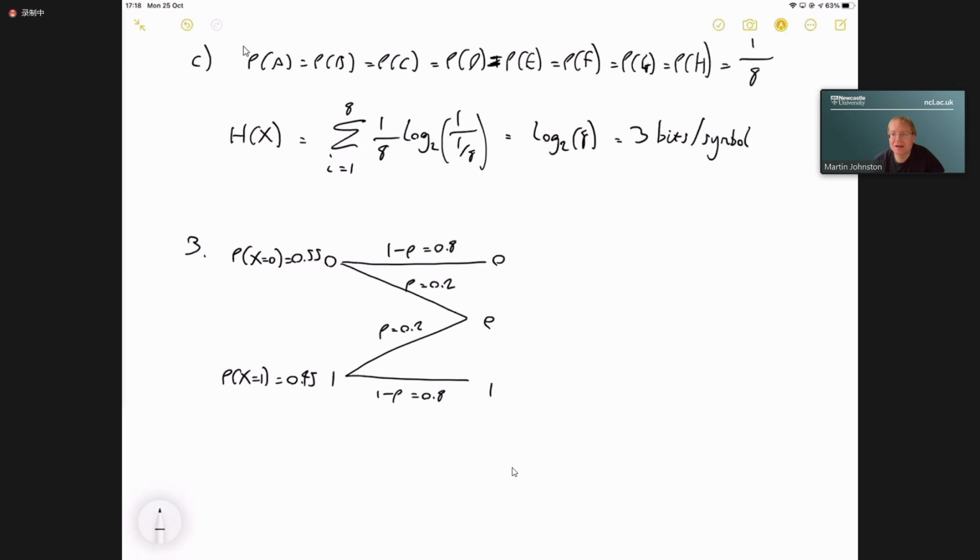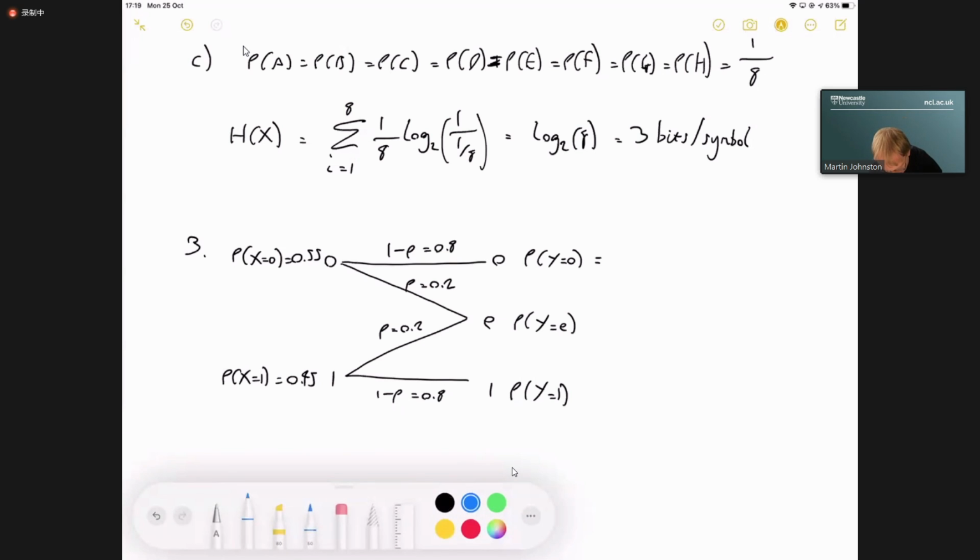The first question asks us to calculate the probability of y. We have 3 probabilities, and to find them, we have to look at how many different ways there are of achieving the symbol output. For probability y equals 0, there's only one connection to 0, and that is x equals 0.